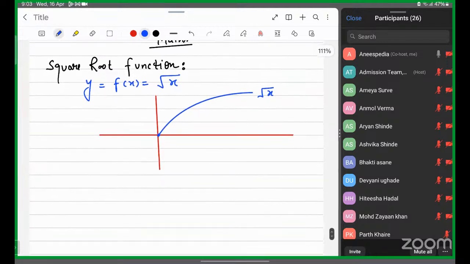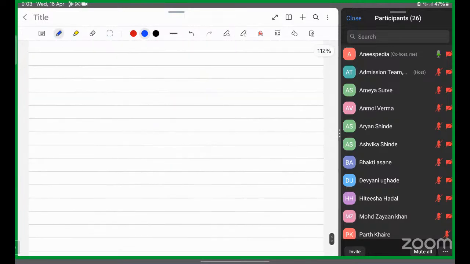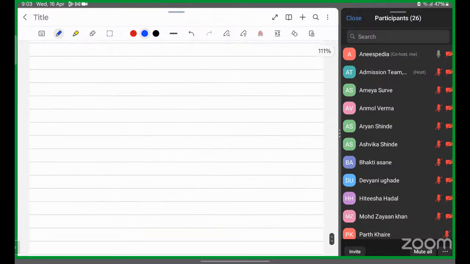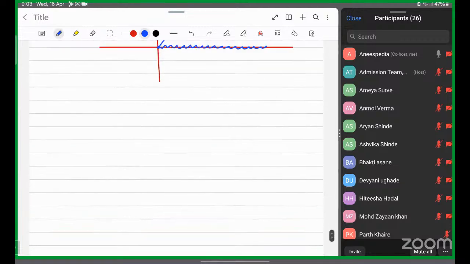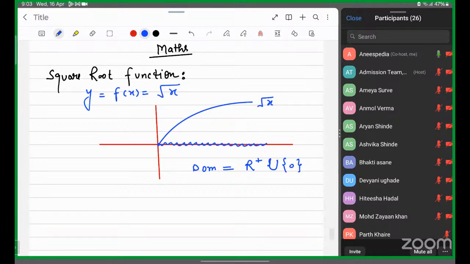So from graph it is clear that this function can take only positive values of x. Which means its domain will be positive real numbers only, including 0 also. 0 can also be there.